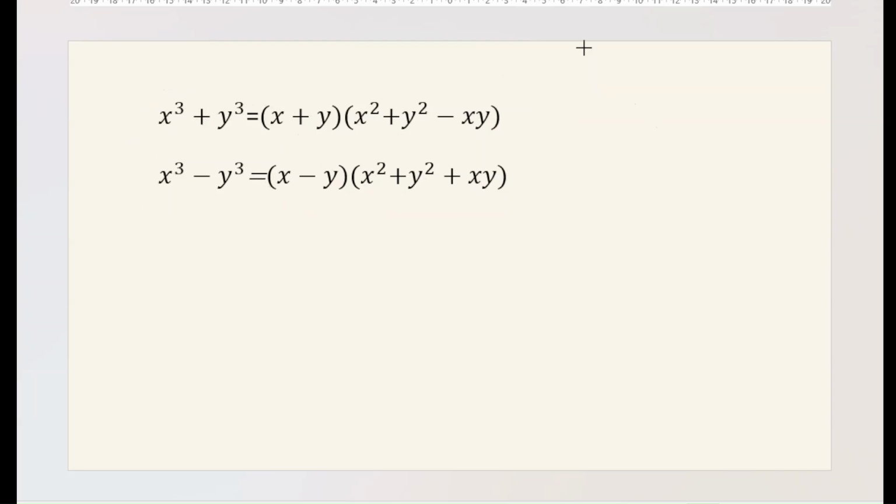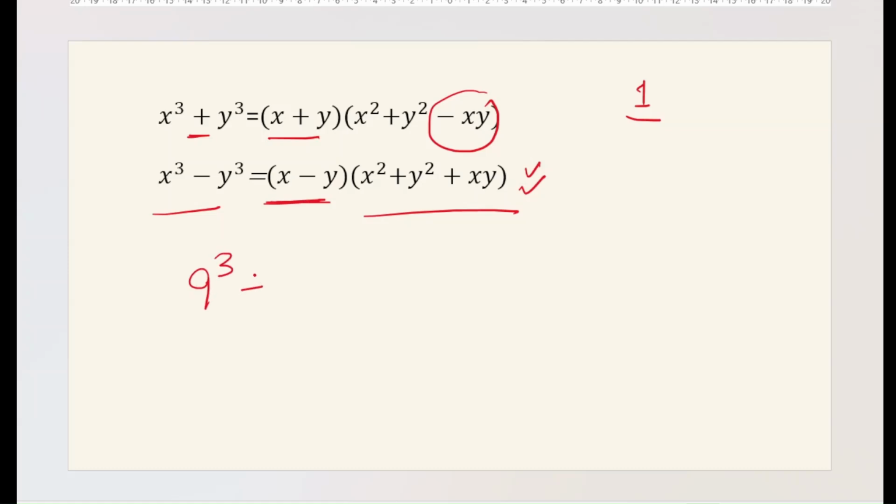In both identities, one negative sign. Whenever you have x cube plus y cube, first x plus y comes out, then one negative sign in front of xy. Whenever you have x cube minus y cube, x minus y comes out, and everything else is positive. These are two identities which are very useful when you have questions like this.